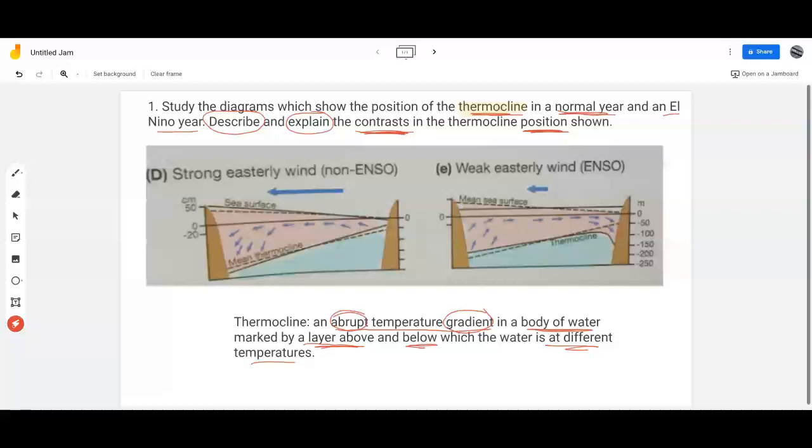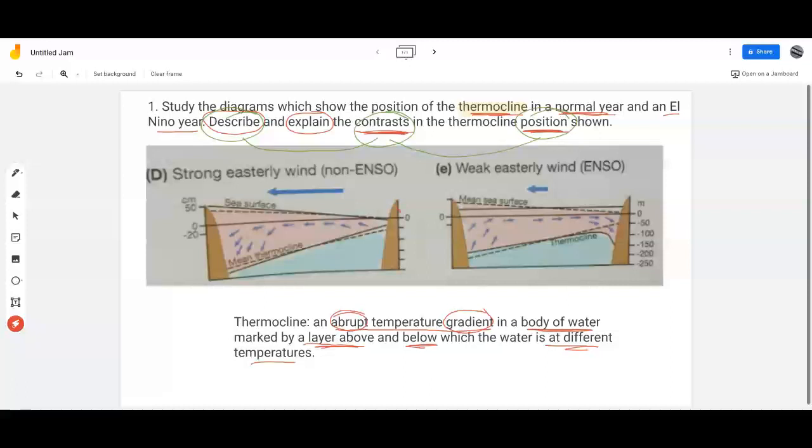Back to the question. Describe the contrasts in the position. Let's just link those up so that they're nice and clear for us. So, what have we got to help us with this? We have here the dotted line, which is showing you the mean thermocline. So that's where the thermocline on average is. That's the dotted line, and then there's the solid line.